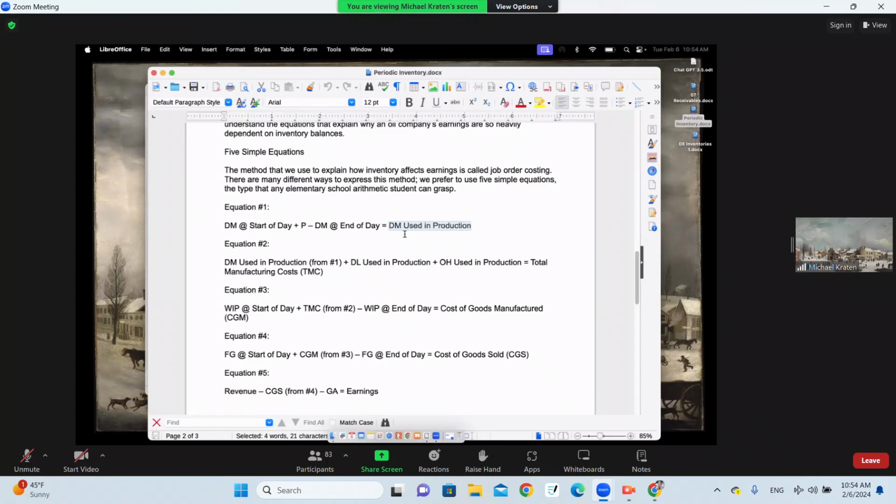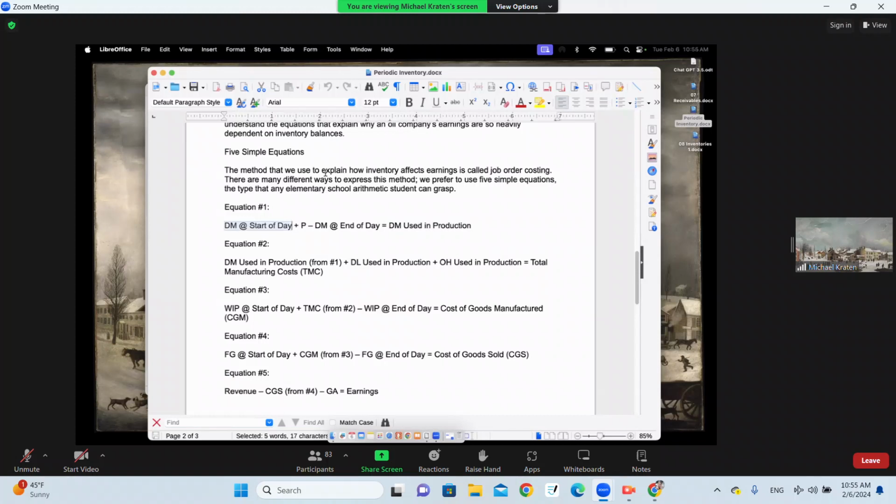Okay, well, how much raw clay, which is the direct material, do I expect to use today? If I start the day at 9 a.m., and if at the beginning of the day at 9 a.m. there is a little pile of direct material, of raw clay, that was left over from yesterday, I'm probably going to start the day by using it.